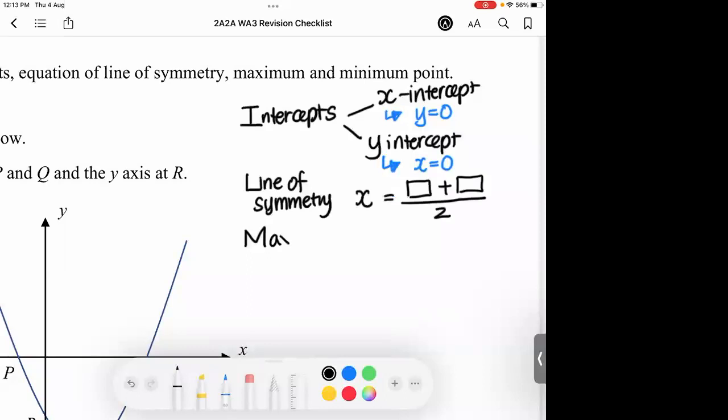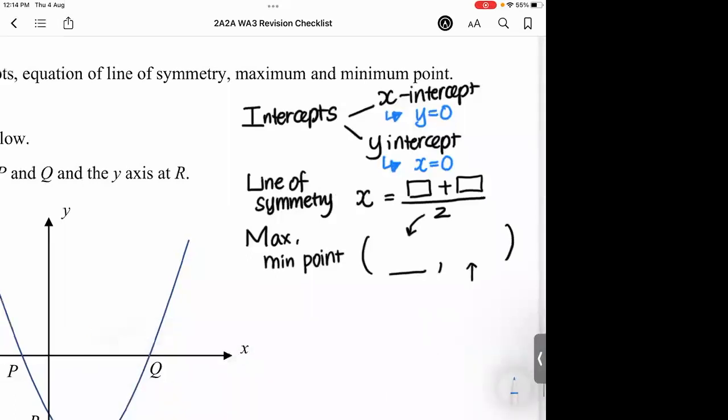Then last but not least, M for maximum or minimum point. The x value is the same as the line of symmetry. Then we substitute to find the y value. So let's go through all this concept I, L, and M slowly part by part using a question.